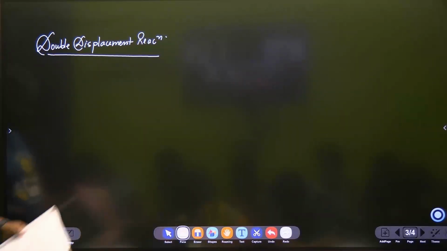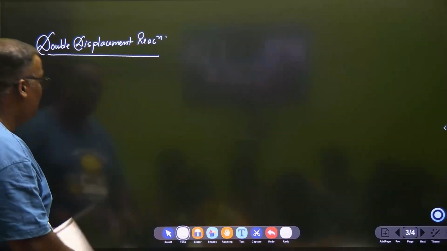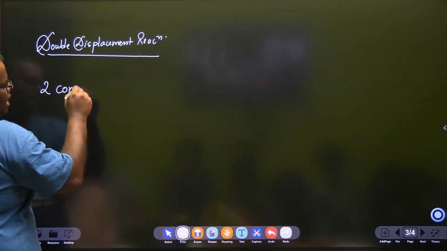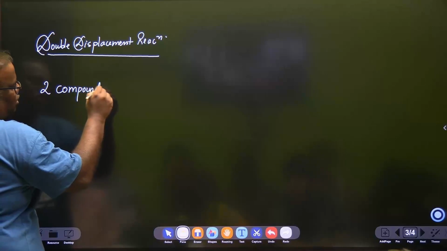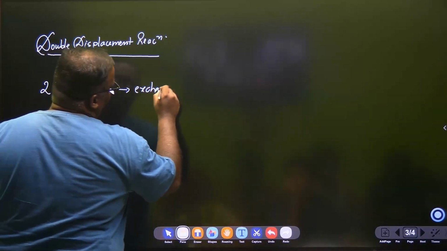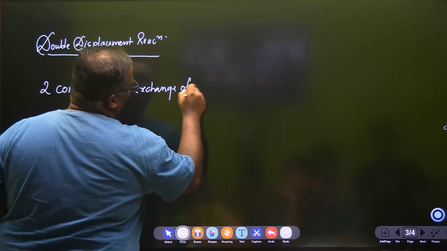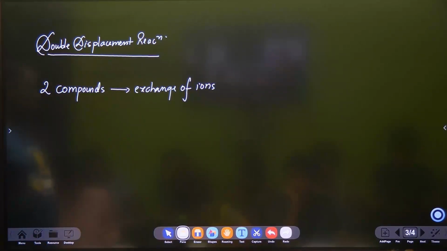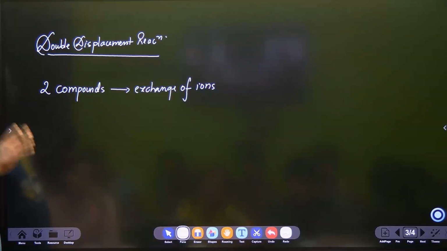So in double displacement reactions, there will always be two compounds A and B which react with each other, and there will be an exchange of ions. One compound will dissociate: say A will have A1, A2, and B will have B1, B2. So A1 will merge with B1, and A2 will merge with B2.